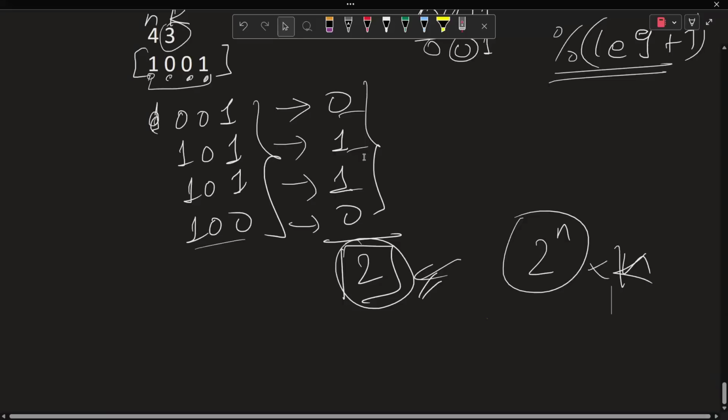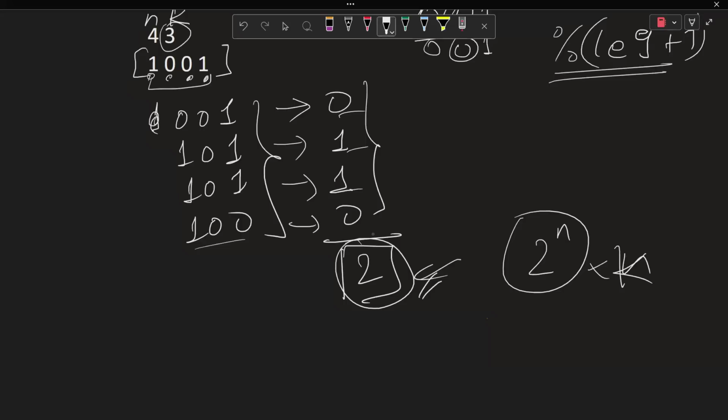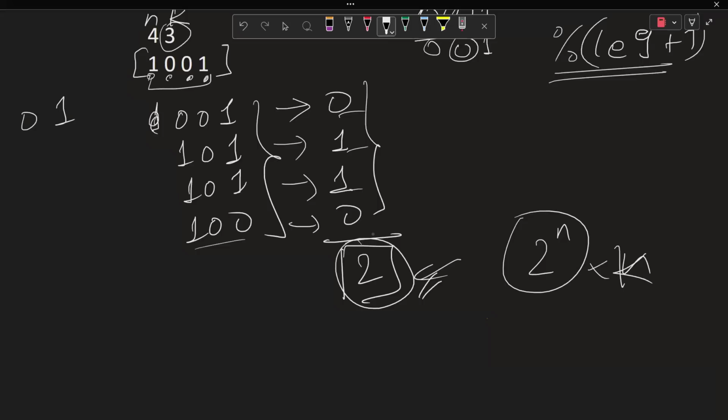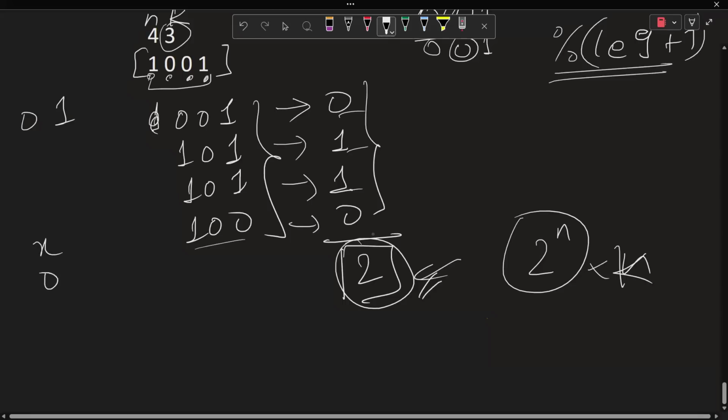So the first thing to notice is that it's a binary array, so it would only have 0 or 1. To calculate the median, what do we need? For a binary array, what would be the middle element? Let's say the array has X zeros and Y ones.